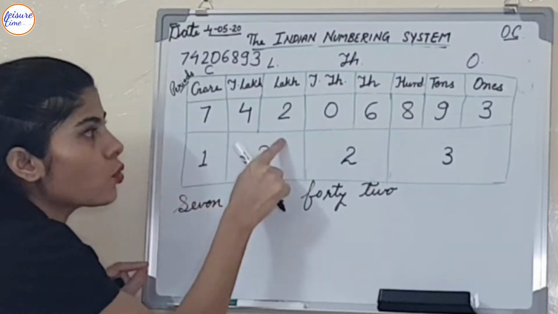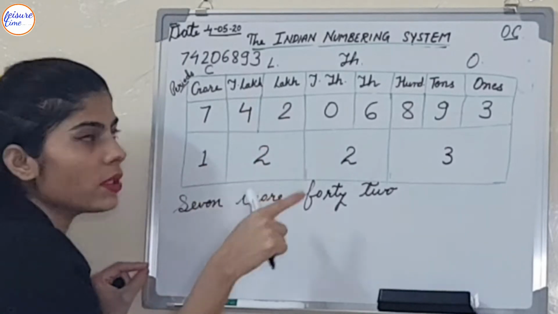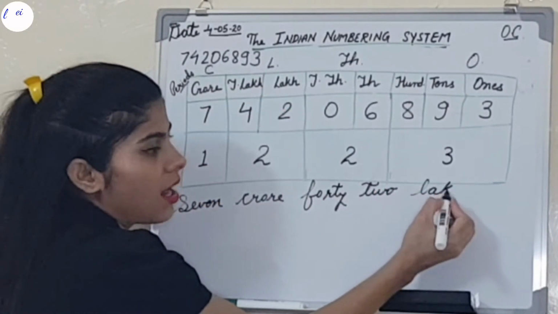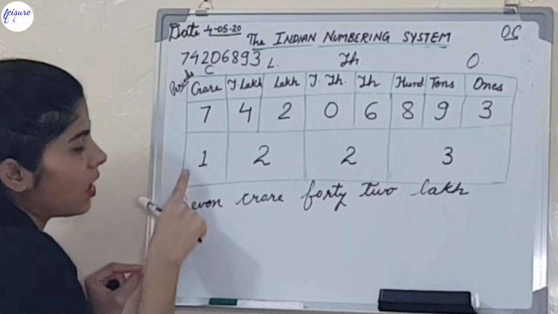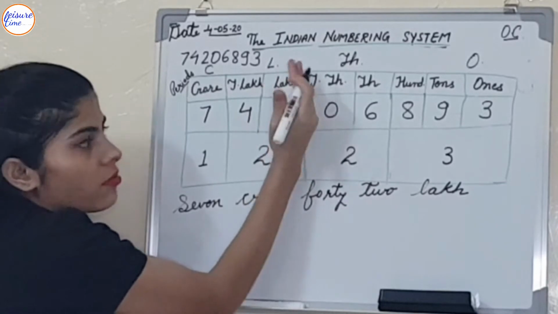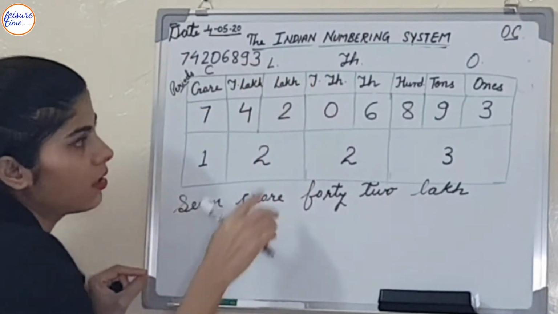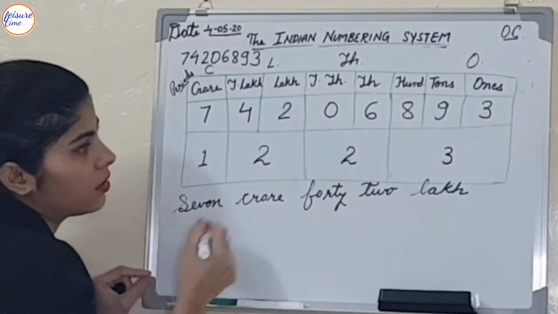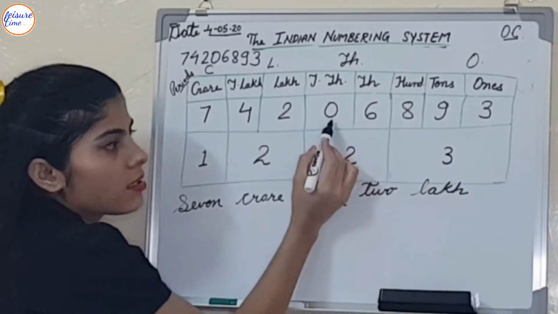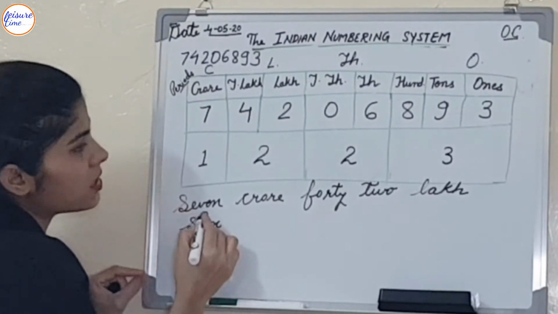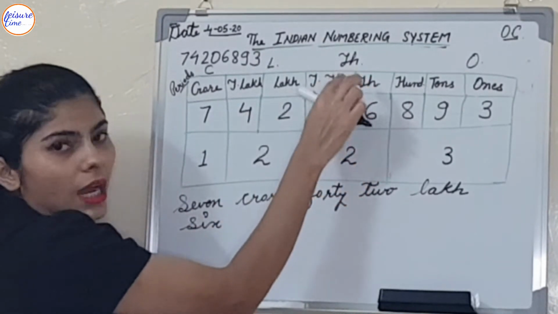So 42 is in which group? Lakh group. So we write lakh. Now 7 crore 42 lakh. Finish here. Now come to the thousand group. What is there in thousand? 06 means 6. 6,000.